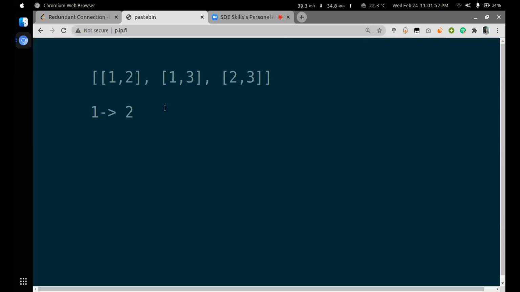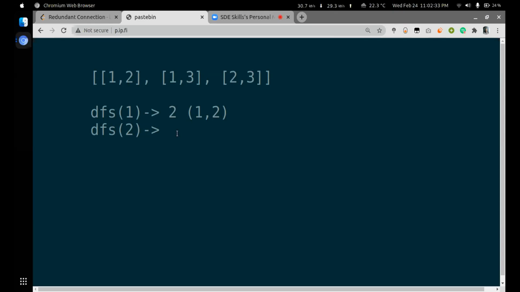So I will just erase this edge in the graph, and don't consider how I am removing it; we'll keep this for afterwards. Now when I call DFS recursively, so DFS of 1, the first node will be 2, and then it will recursively call DFS of 2. Now when DFS of 2 is called, since I've removed this edge, there won't be any edge from 2 to 1 again.